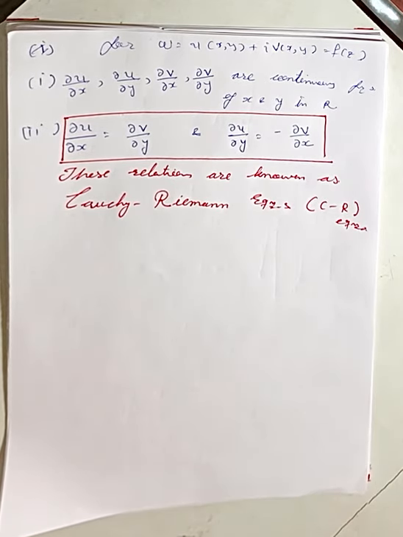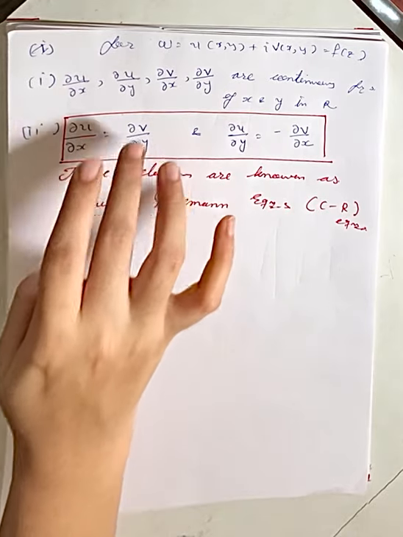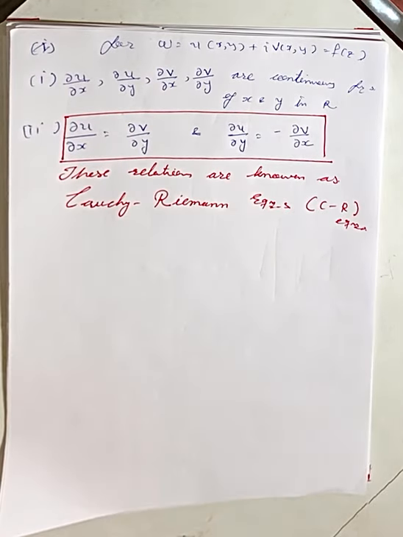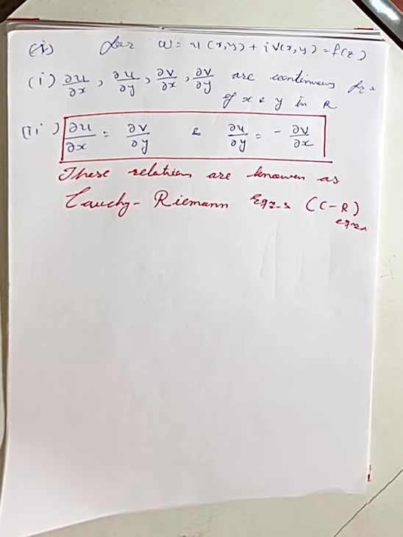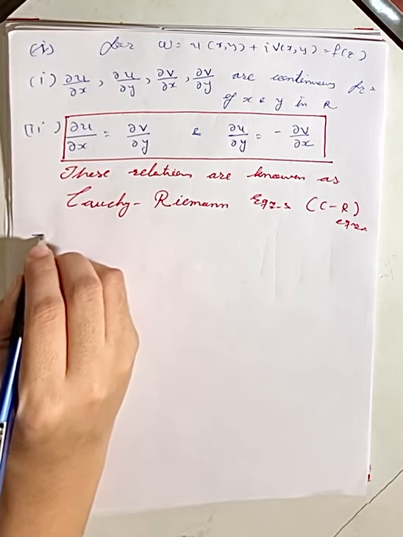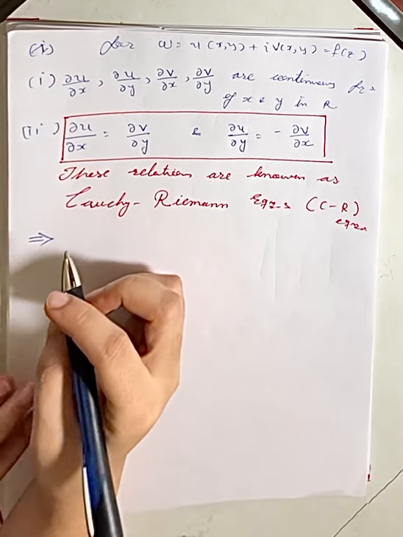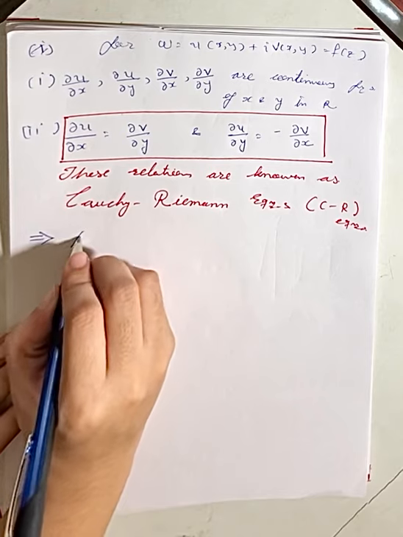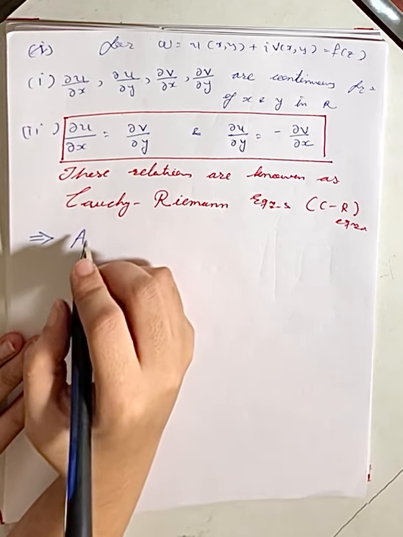So these conditions are to be followed, and from that we make sure that whatever function we have defined does have the derivative existing. Now once we know this, we are in a place to define one more very important definition, and that is analytic function.